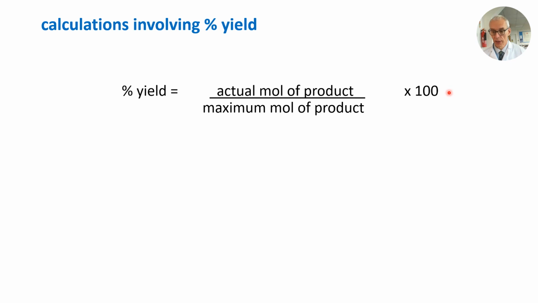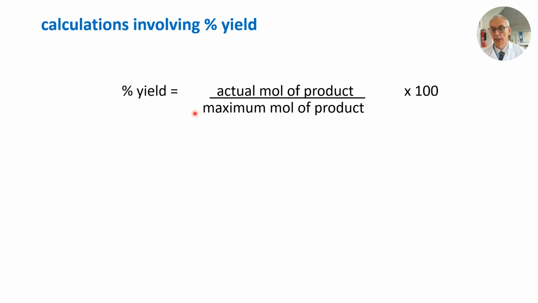I strongly recommend that you write this expression in terms of numbers of moles, so actual moles divided by maximum moles or maximum theoretical moles of product. It is possible to say actual grams divided by maximum grams, but that often leads to errors. So strong recommendation, percentage yield, the actual numbers of moles of product divided by the maximum theoretical numbers of moles of product times 100.